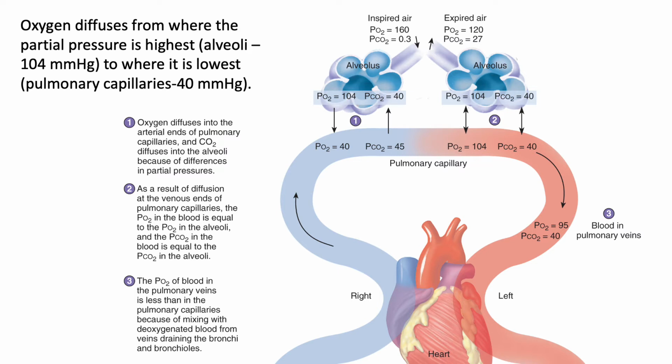Remember, the bronchioles have their own arteries, veins, and nerves, and those veins actually mix with the pulmonary veins before they enter the heart as they leave the lungs. So you actually start your systemic circuit with a PO2 of 95, instead of the 104 from the inspired air, because of that.